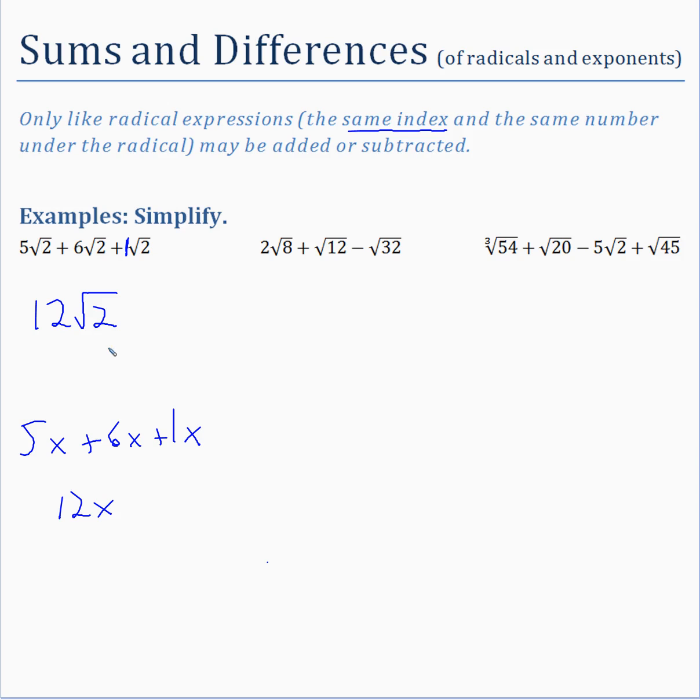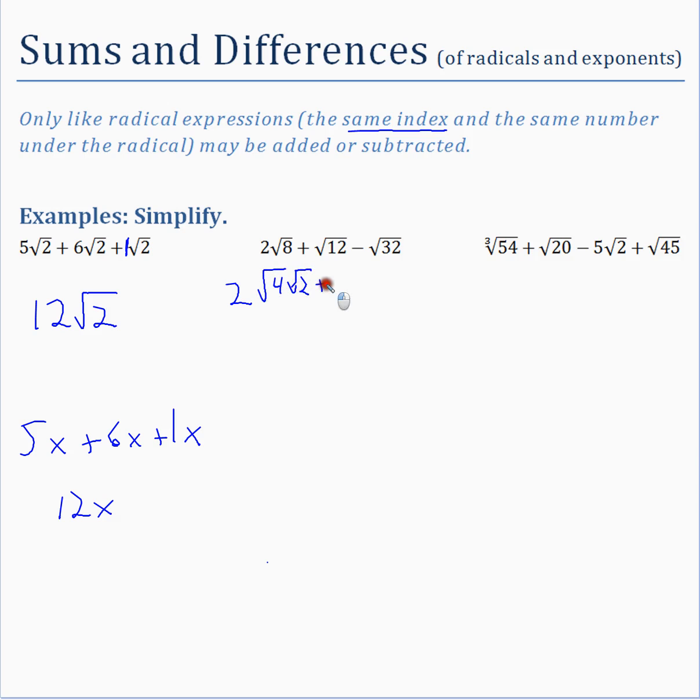The next example here has no like radicals to start with, but we did learn how to simplify radicals. And what we're going to do is think of each of these radicals and see if we can simplify them. So we have a 2 still out here, and can we simplify the square root of 8? Well, we want to think if there are any perfect squares that go into 8, and 4 does. So this we can rewrite as the square root of 4 times the square root of 2.